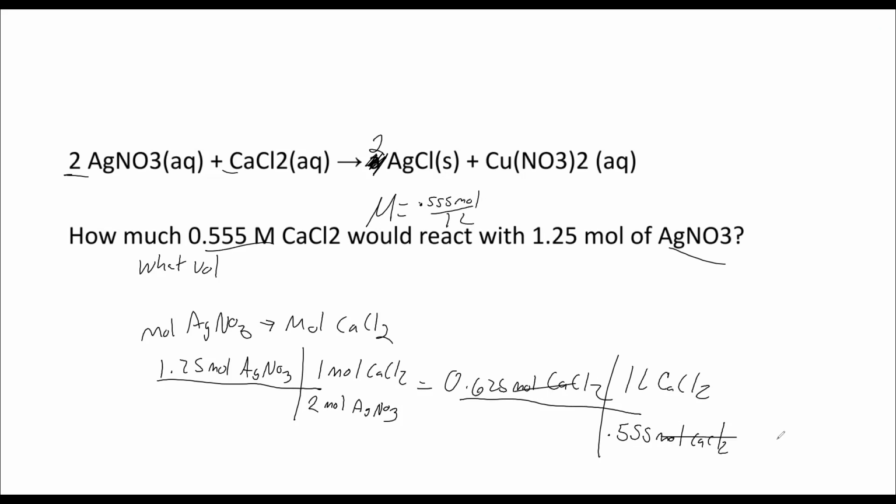Moles of calcium chloride cancel out. I'm left with liters of calcium chloride. So that's 0.625 divided by 0.555. That is 1.13 liters. That is how much calcium chloride you need to react with that much silver nitrate.